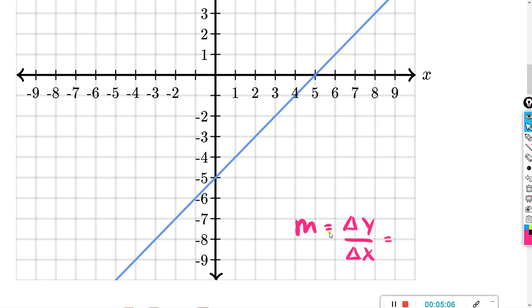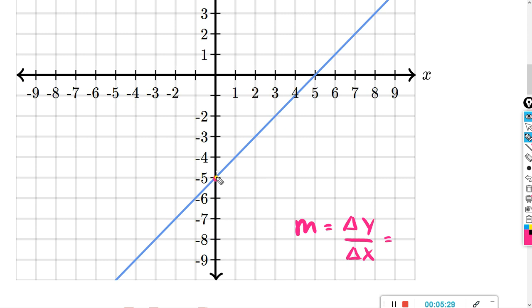So recall the formula for slope. It's change in y divided by change in x. We're going to get 2 points on the graph. Like I said, I think the easiest ones are where the line crosses the x and y axis. You don't have to do it that way, but you need to get the points that are on the corner of the boxes.